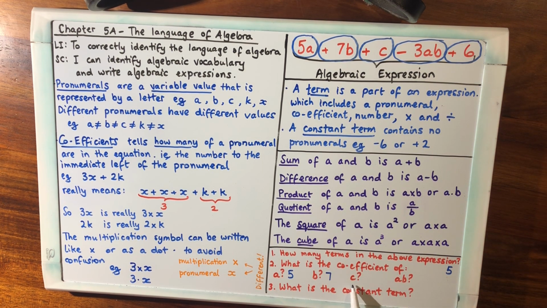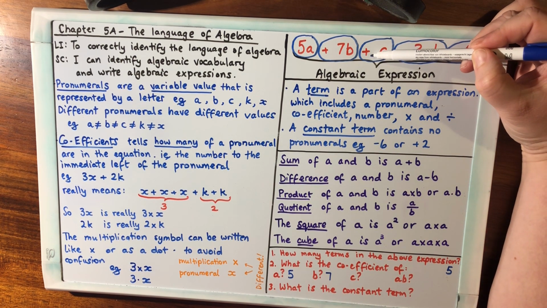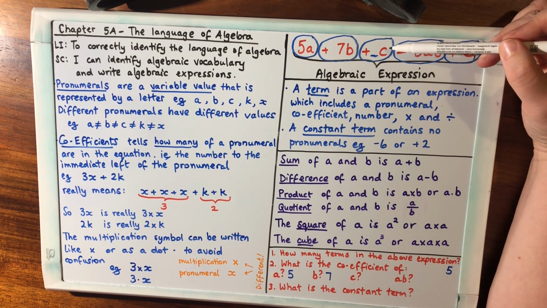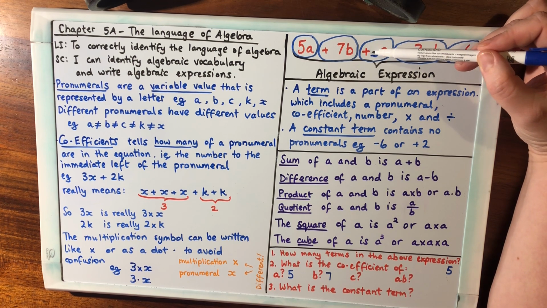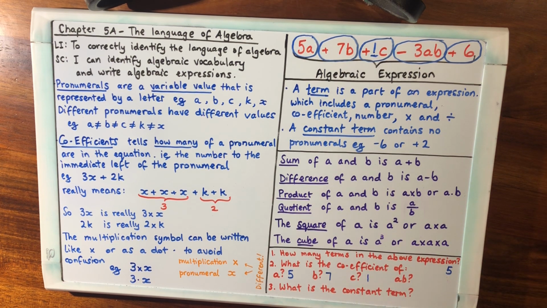What's the coefficient of c? Here, there is no number in front of the pronumeral. But the fact that it's been included in the expression at all means that there's at least one c there, and we know it's a positive one. So we can put that imaginary 1. There's one c. And the combination of these two pronumerals is still one term.